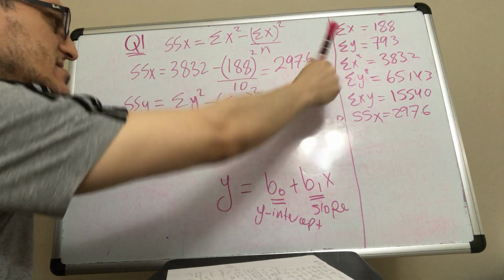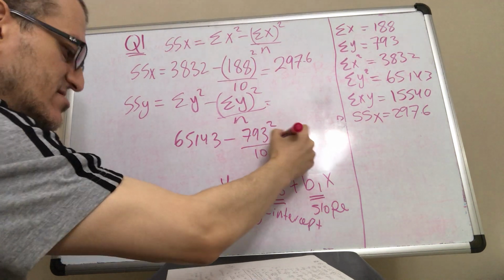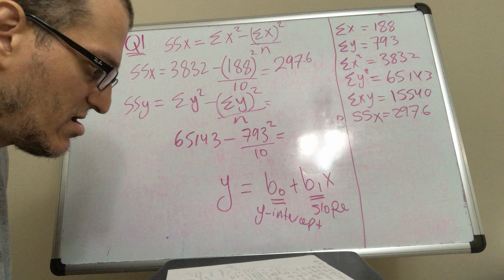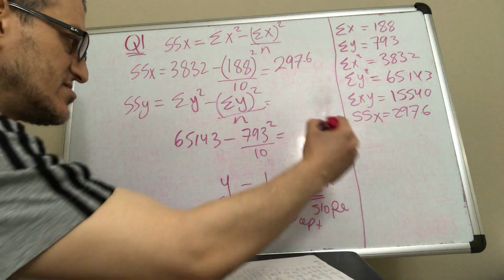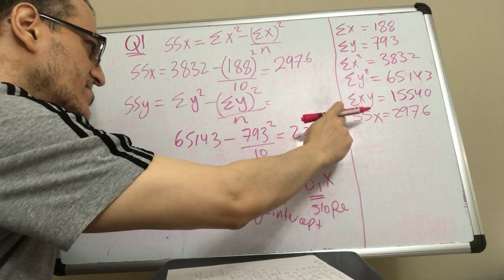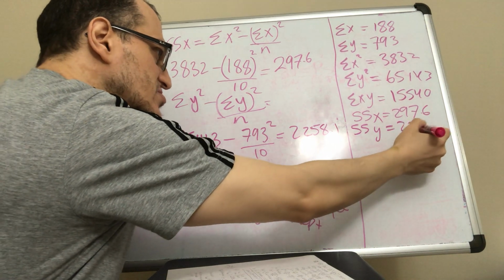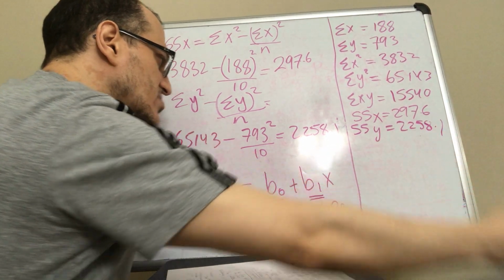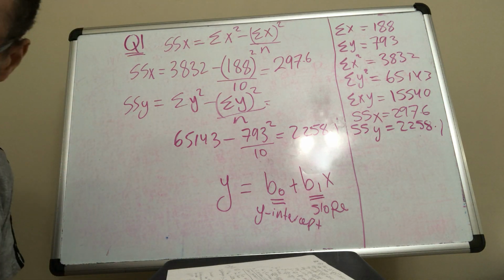Sum of y is 793. And there are 10 numbers. You do the math for this one, and that gives you 2258.1. So you have the two SS's.